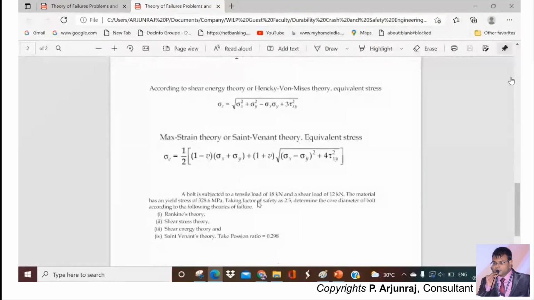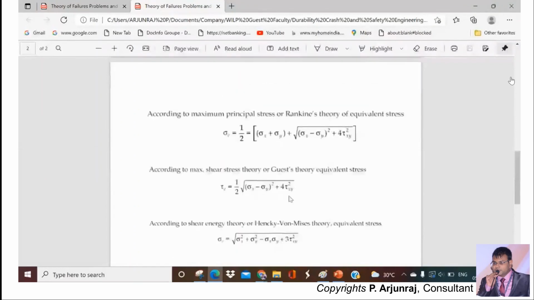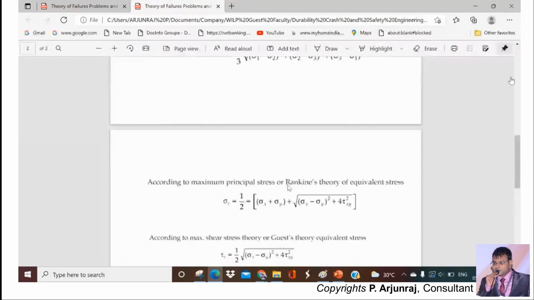And if in the exams any alternate name is given, you need to understand. For example, instead of maximum strain theory, sometimes Saint-Venant theory might be mentioned in the problem. So you don't need to get confused, and according to this, you can use the formula and solve the problems. Similarly, instead of maximum principal stress, there might be a question where it is mentioned as Rankine theory.